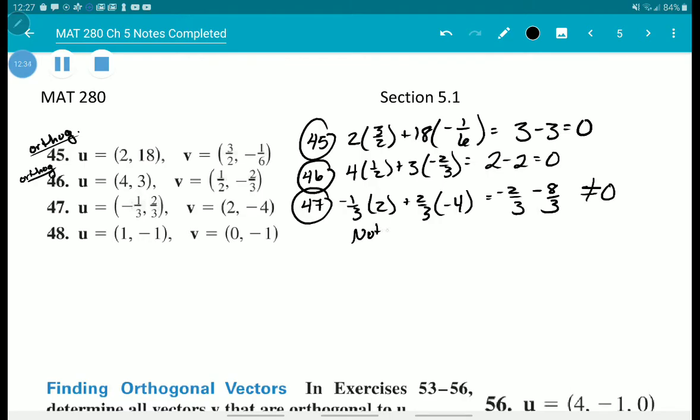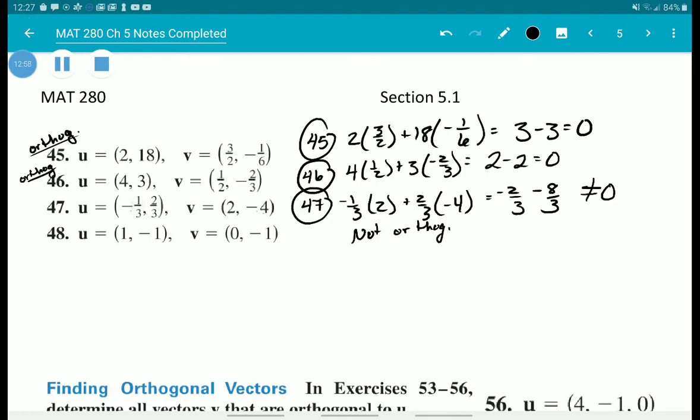So they are not orthogonal. And we could have also seen that, because we had a negative times a positive plus a negative times a positive again. So we would have ended up with a negative number. There's no way you'd get 0 if you're adding two negatives together.